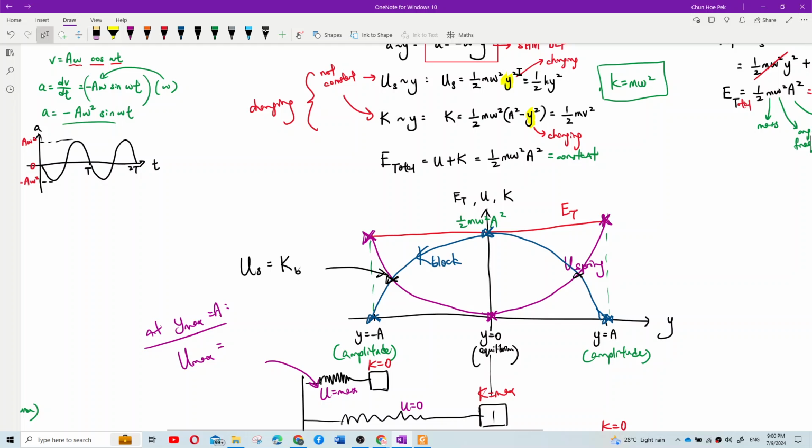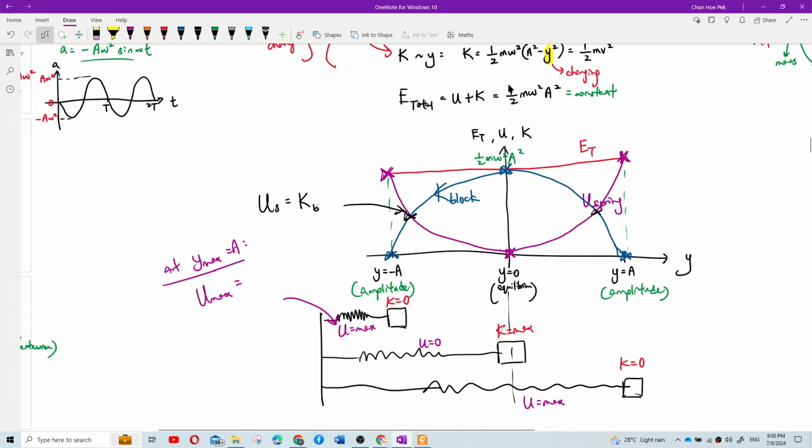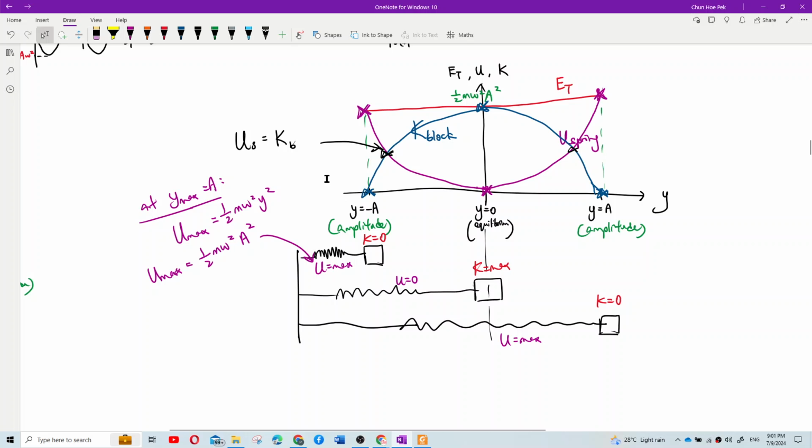Half m omega square y square, right? So when y is the amplitude, y is a, replace y with a. The formula for U is half m omega square y square, right? So when y is at the amplitude, substitute y with a. What do we get? U maximum is half m omega square amplitude square. Look, at the amplitude, U maximum is half m omega square amplitude square, which is the formula for the total energy. See?